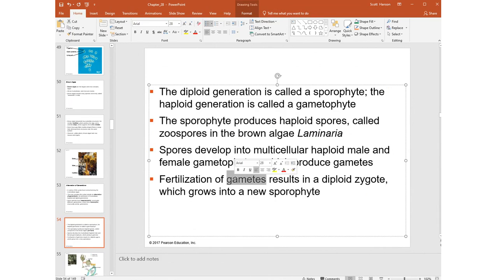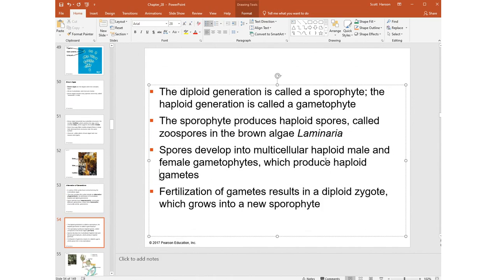Fertilization of the gametes results in a diploid zygote. So the sporophytes produce haploid spores, and the gametophytes produce haploid gametes, even though they don't really say that here, but we could just add that in.